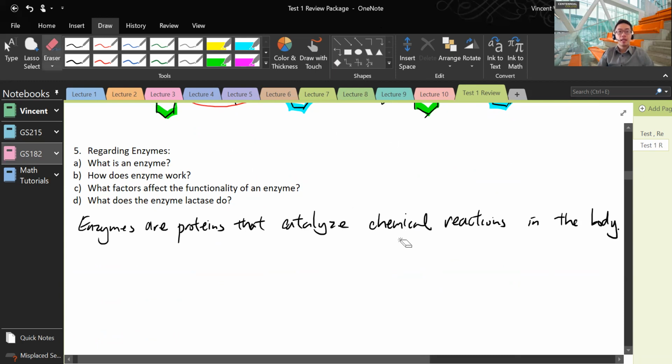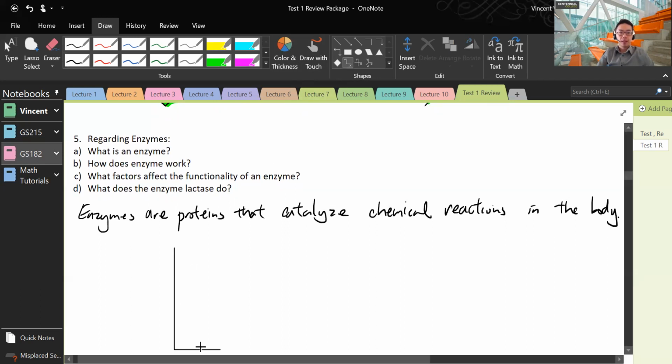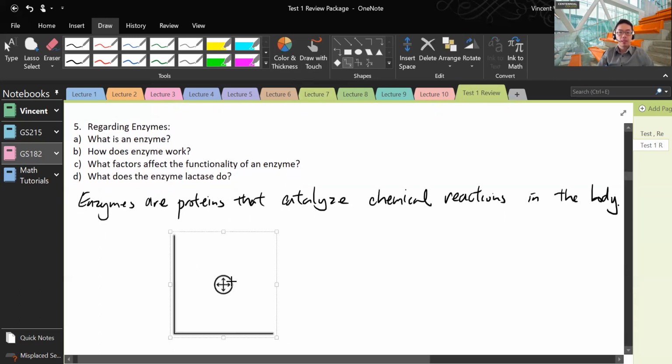So how does an enzyme actually work? We talked about this in a lecture, I think, but it's worth mentioning again in case you bump into a question like that. Over here we have energy, and here we have time. Normally, let's say your reactant has this much energy.